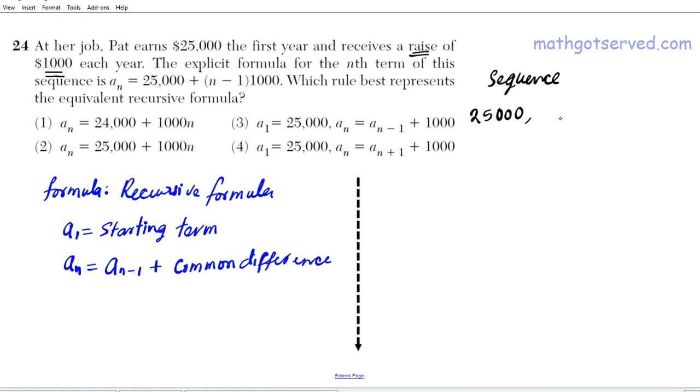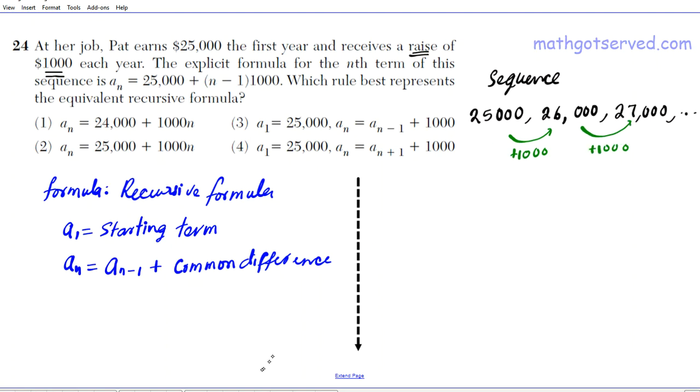And then the next year is going to be 25,000 plus 1,000, which is 26,000. The next year is going to be 26,000 plus 1,000, 27,000. And the pattern continues. So since we're repeatedly adding 1,000 over and over again, we have an arithmetic sequence situation. So plus 1,000, plus 1,000.